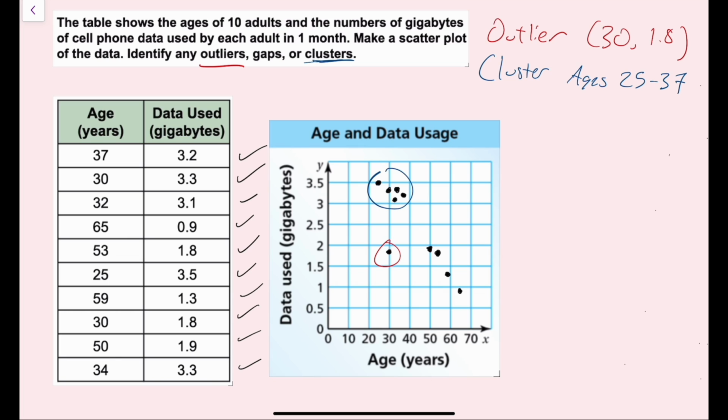And then if we look at gaps, my gap is kind of in this range. I don't have any data right here. So that's from ages 37 to 50. So I've plotted my scatter plot, and then I identified the outlier, the gap, and the cluster. And now we're done with this one.